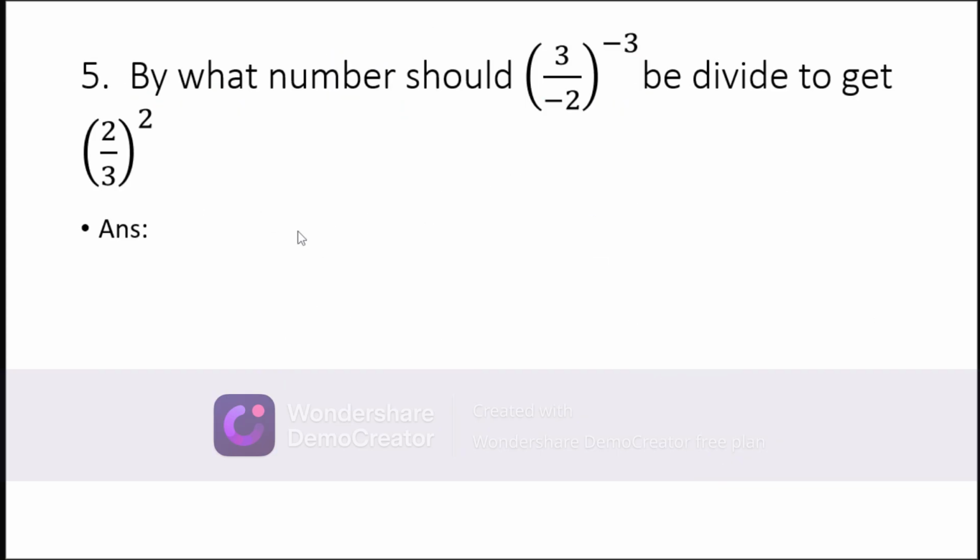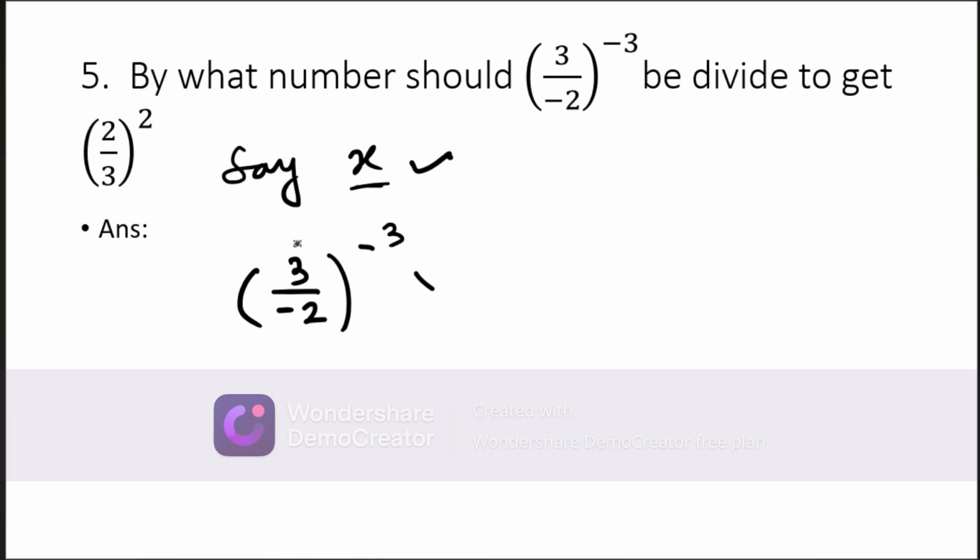Now, by what number should (3/-2) to the power -3 be divided to get (2/3) whole square? So let's say the number be x. So I write (3/-2)^-3 divided by x equals (2/3) whole square.